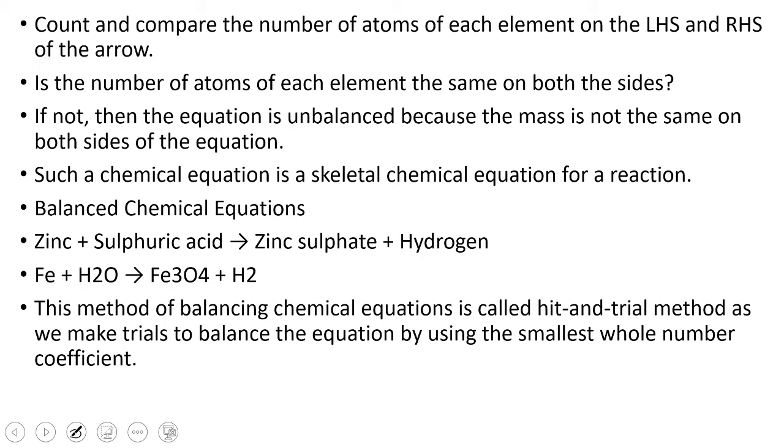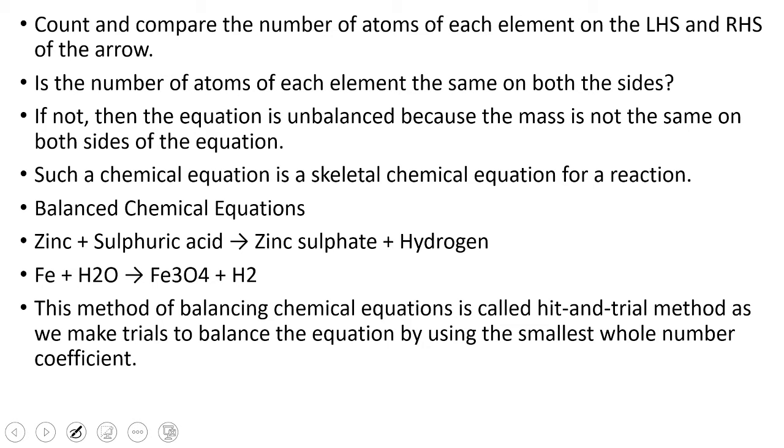One more thing, the most important thing: in Dalton's atomic theory, we already came across the law of conservation of atoms. Dalton explained that atoms can neither be created nor destroyed. In a chemical reaction, they just rearrange. That means the number of atoms participating in a chemical reaction must always be equal to the number of atoms on the product side, as atoms are neither created nor destroyed, only changed from one form to another.